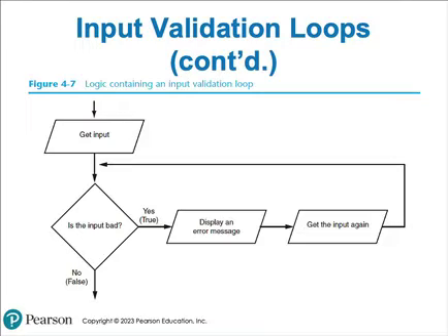So you have this validation loop that you will not get out of until the user actually gives you valid data. And then when you fall out of this decision diamond with a false answer, meaning that the input is good, then you would perform whatever processing you needed to do with that now verified good data.